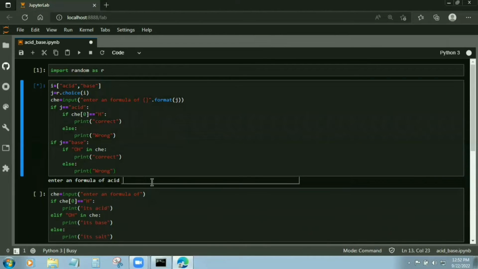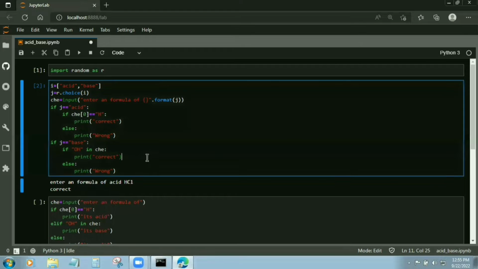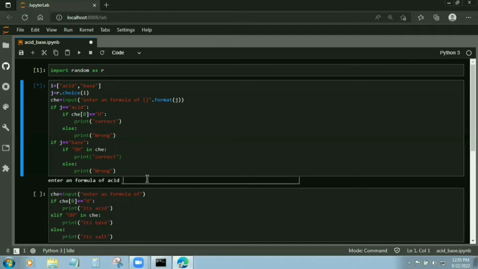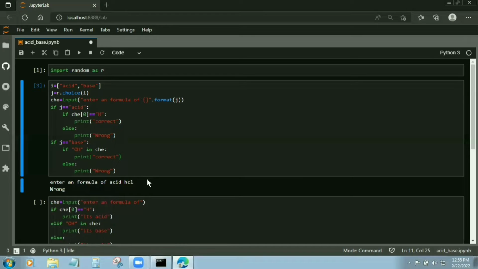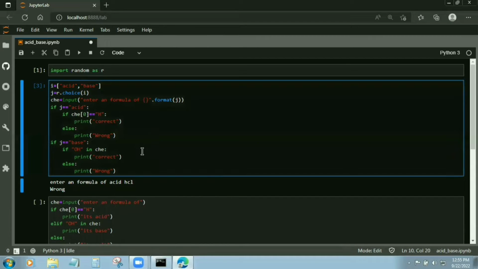It wants an acid, and it is also a case-sensitive program, which means you always have to give capital letters for the required things and small letters for the required things. If you do it wrong, then the answer will be wrong. So here I have given HCl in caps and also in small letters. When you give it in caps, it gives the right answer, but when in small, it gives the wrong answer.